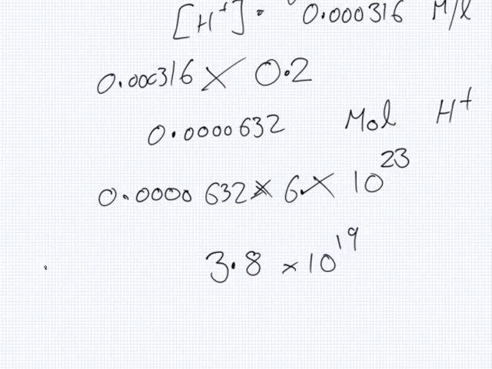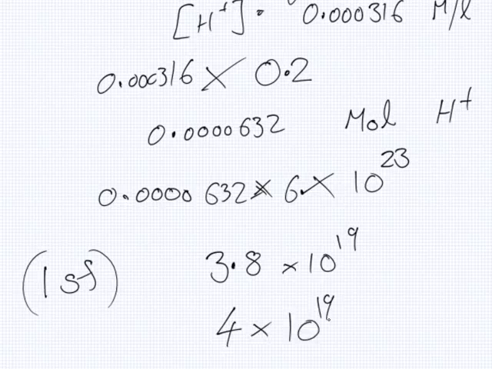If I round it to one significant figure, I'll get 4 times 10 to the 19 ions of H plus. So that's how many positive hydrogen ions are in the 200 milliliters of apple juice.